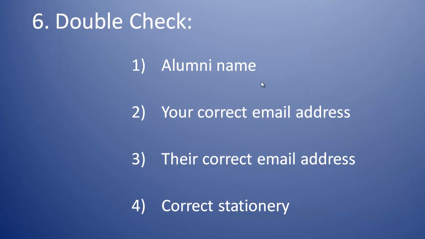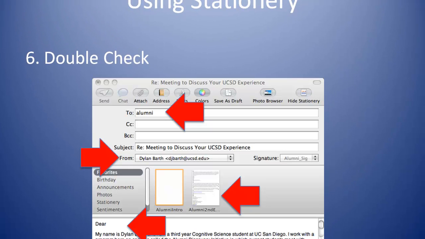just so you have the alumni's name filled in appropriately with the correct title and last name, and make sure you spell it correctly. You want your correct email address. So a lot of times in the Mac Mail client, I personally have multiple emails attached to the client, so I make sure that I send all of my outreach emails with my official university address, and then you want to make sure that their email address is correct, which it should be because it's auto-filled in from FriendRaiser, and then make sure that you're sending them the correct template email.